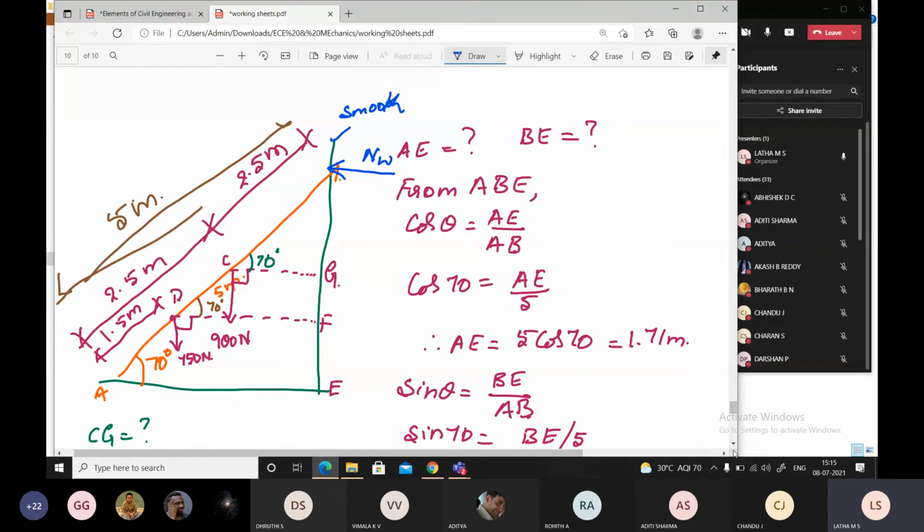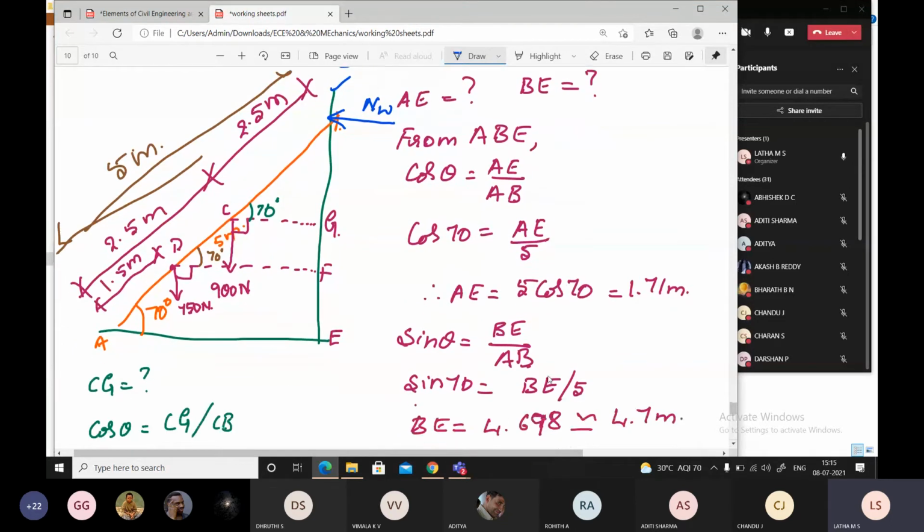And what about the direction of FG and NG here? This is the direction of motion of the ladder. If it falls, how will it fall? It will move in that direction. So what is the friction? In the opposite direction. What is the value here? FG and NG.